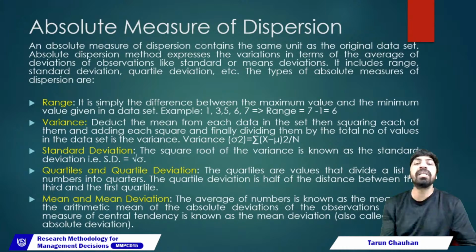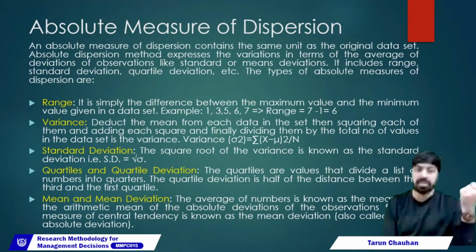The formula is already given to you: the sum of the squares of x minus the population mean, divided by n, is called the variance. Standard deviation, the square root of the variance, is known as the standard deviation.